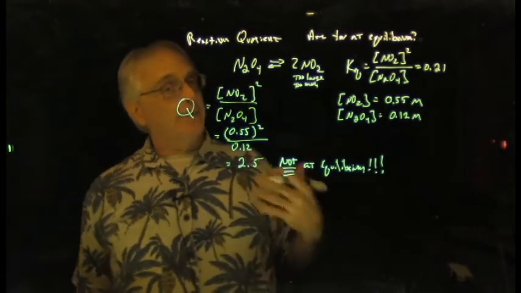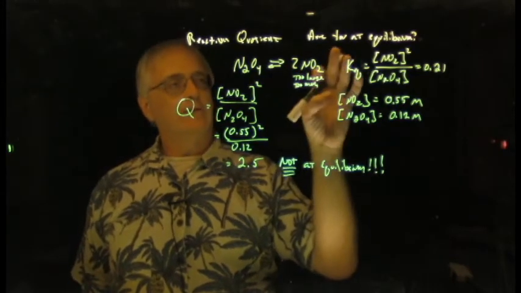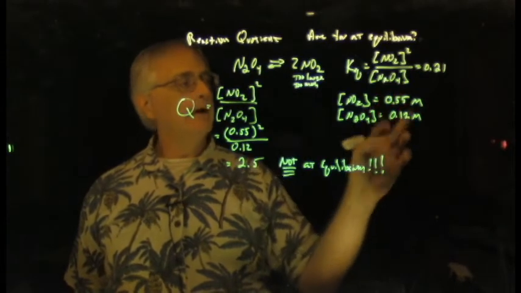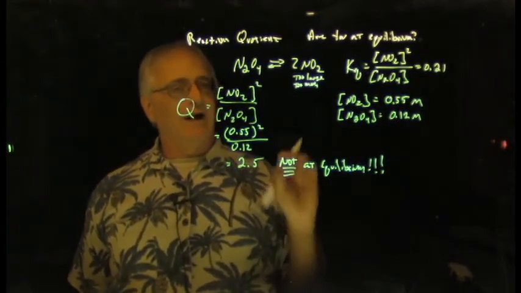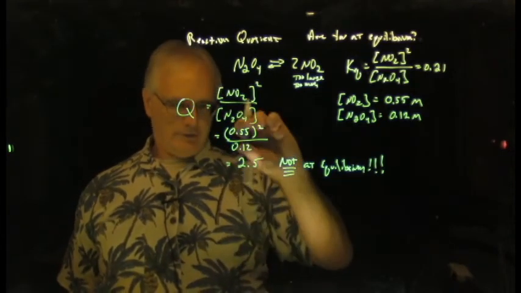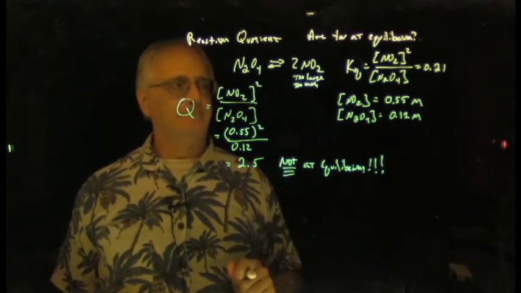And that means we're going to have to go from the NO2 side, the right side, to the left, in order to bring this concentration down and bring the N2O4 concentration up, until we find the magical values that will multiply and divide as written to produce 0.21.